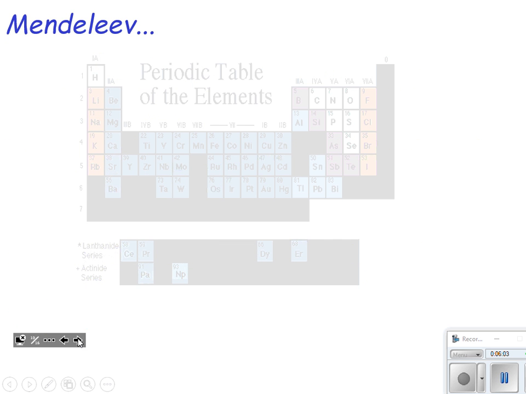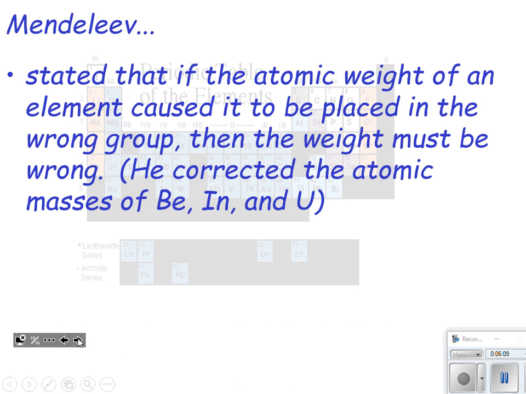Well, here's the deal with Mendeleev. He said that if the atomic weight of an element caused it to be placed in the wrong group, then the weight must be wrong.